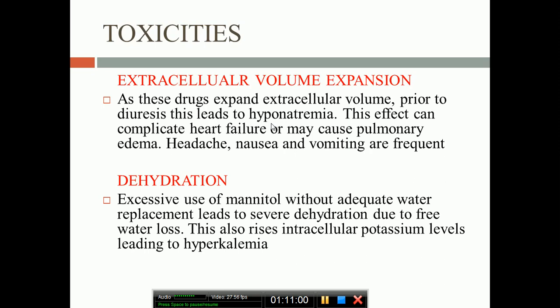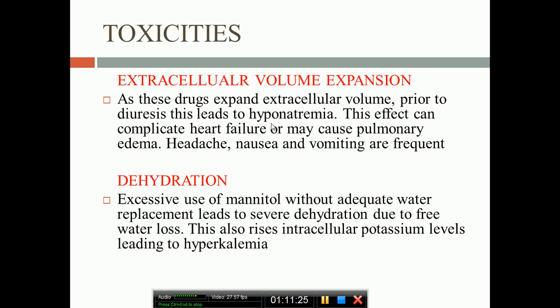Prior to diuresis, these draw water from the intracellular compartment into the extracellular compartment, and diuresis hasn't occurred yet. So this may cause hyponatremia. This effect can complicate heart failure or may cause pulmonary edema. Headache, nausea and vomiting are frequent.